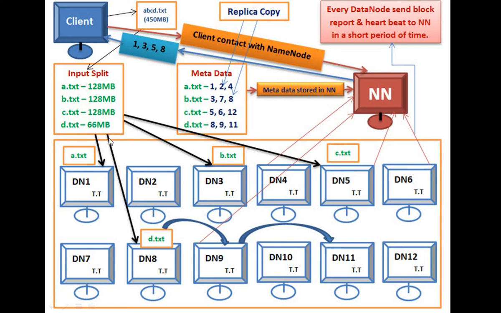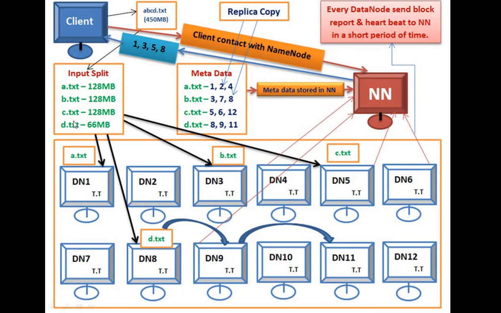As we can see, c.txt and d.txt can also be put on data nodes. The c.txt input split can be put on data node 5, its first replication can be put on data node 6, and the second replication can be put on data node 12.